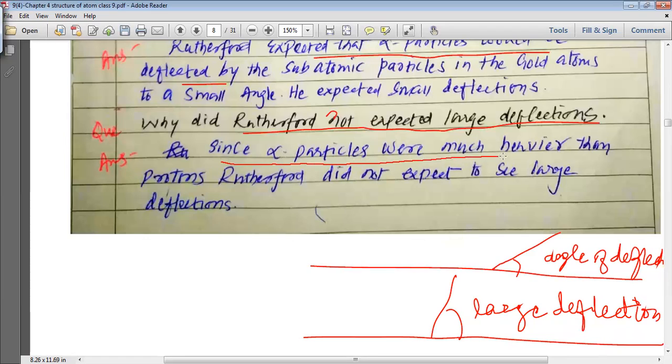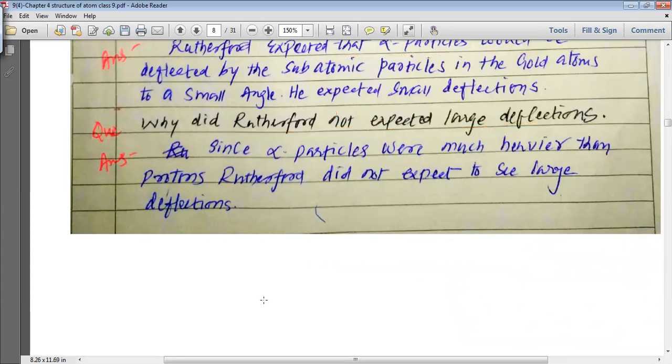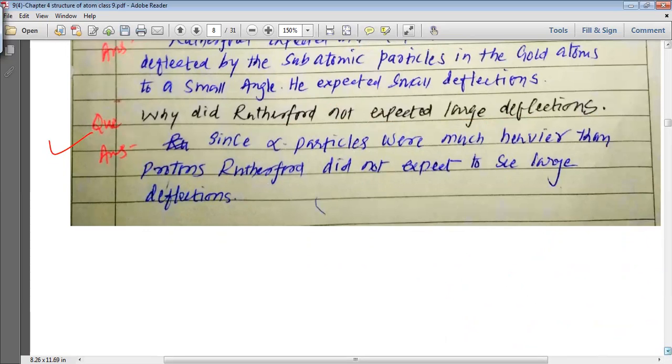Since alpha particles were much heavier than the protons, Rutherford did not expect a large deflection. So alpha particles are very heavy. They are even heavier than the protons, and that is why Rutherford had not expected a large deflection.